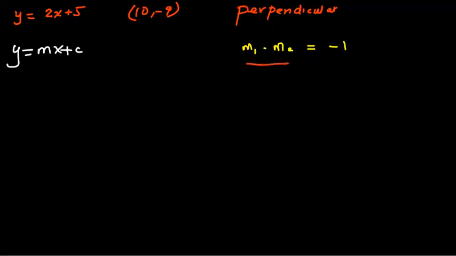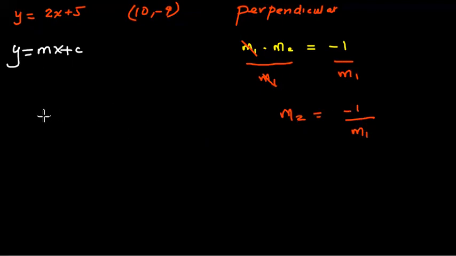If I divide this by m1, these cancel, and I'm left with just m2. But whatever I do on one side, I've got to do on the other side. So I'm left with m2 equals -1 over m1. That's the trick: the negative reciprocal.